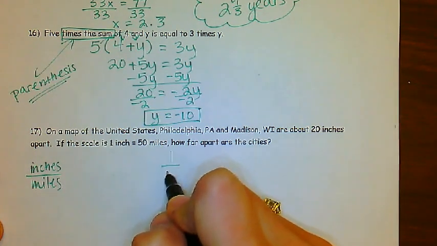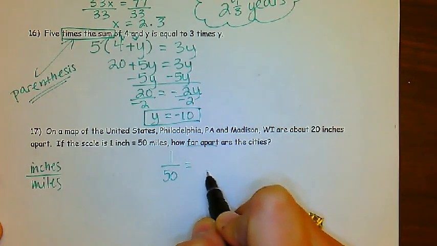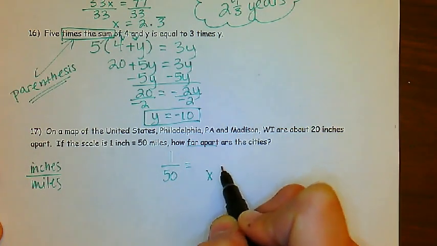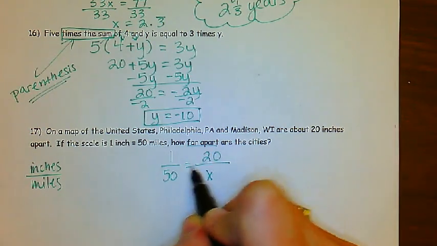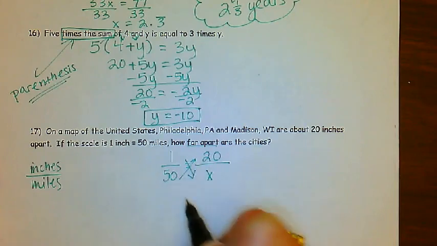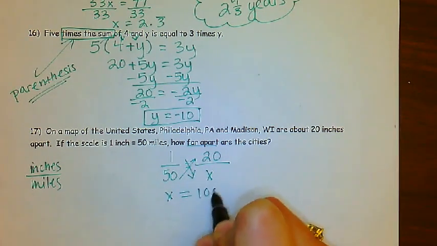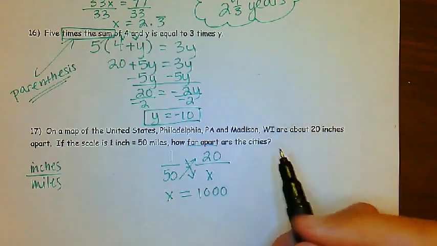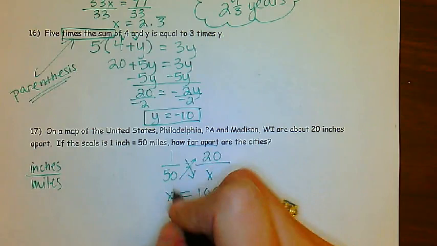So I'm going to do 1 over 50. It says how far apart, so already I know my x has to be on the bottom because miles are on the bottom. But also they gave me 20 inches. So x is equal to 50 times 20, which is 1,000. So Pennsylvania and Madison, Wisconsin are 1,000 miles apart.